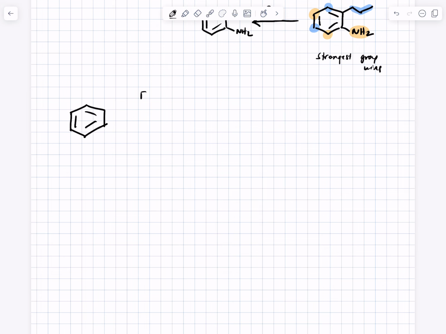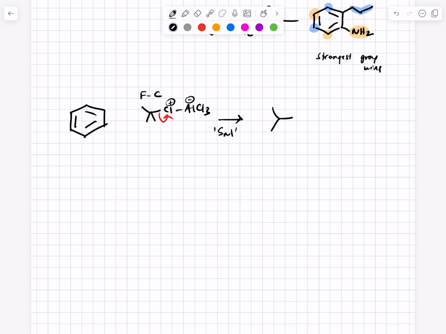The Friedel-Crafts reaction, alkylation, involves basically a carbocation intermediate. So here's an example in which the leaving group leaves in sort of an SN1-type fashion to give you a carbocationic intermediate, and then the benzene ring attacks.